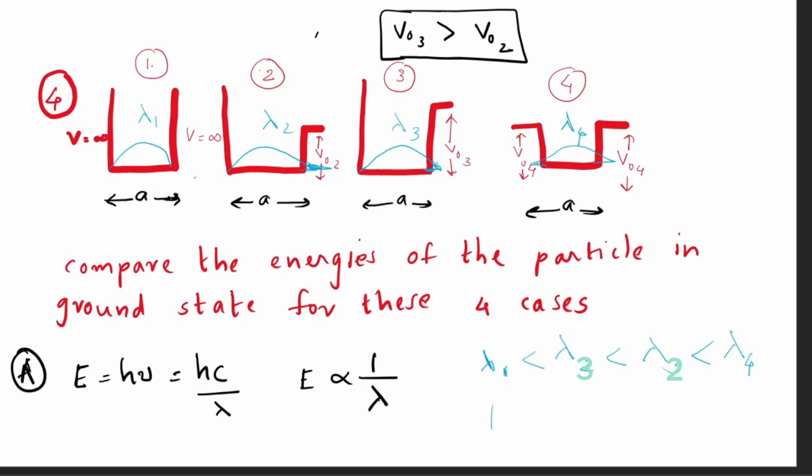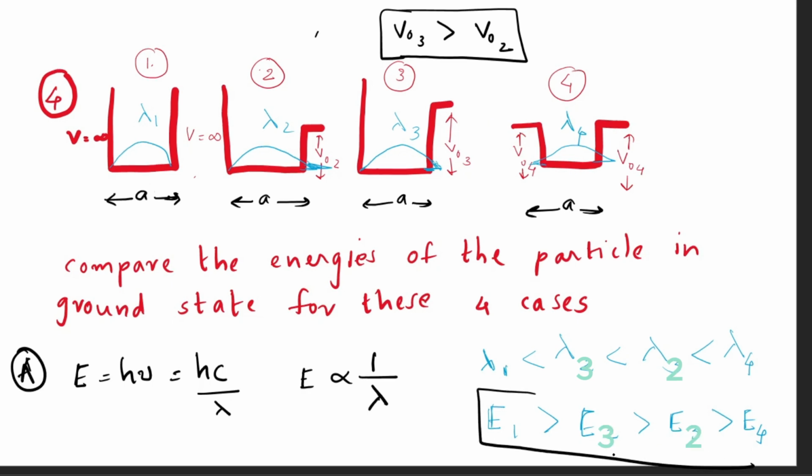Which means E1 is greater than E2, greater than E3, greater than E4. So this is the answer.